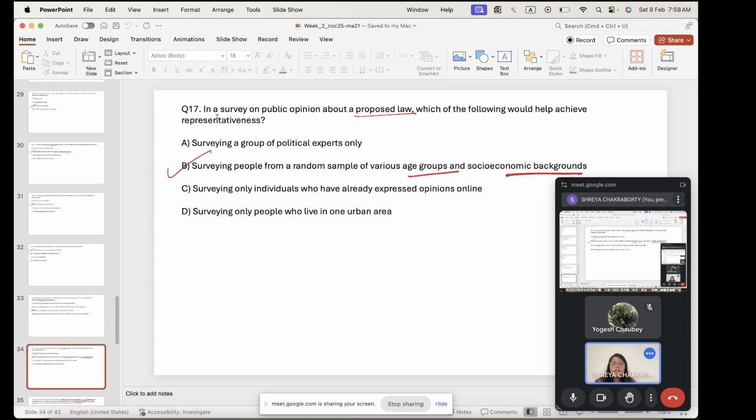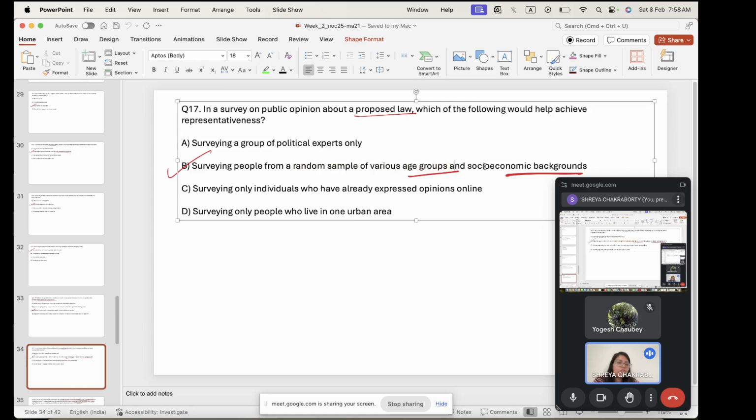In a survey on public opinion about a proposed law, which would help achieve representativeness? Surveying people from a random sample of various age groups and socioeconomic backgrounds, I feel, is an appropriate answer, because whenever a law is proposed, it is going to affect all the people.